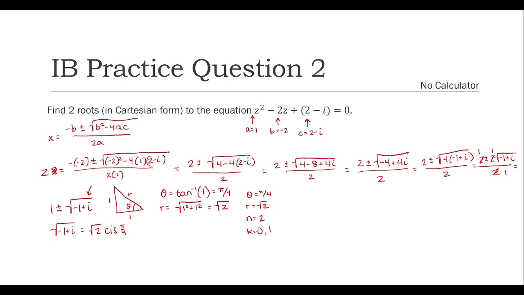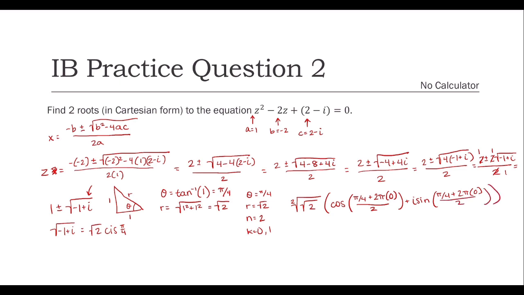So we have the nth root of our radius. So we have the square root of the square root of 2 times the cosine of theta, so pi over 4, plus 2 pi times k, so we'll start with 0, over our n value, which is 2, plus i times the sine of the same thing. So pi over 4 plus 2 pi times 0 over 2.